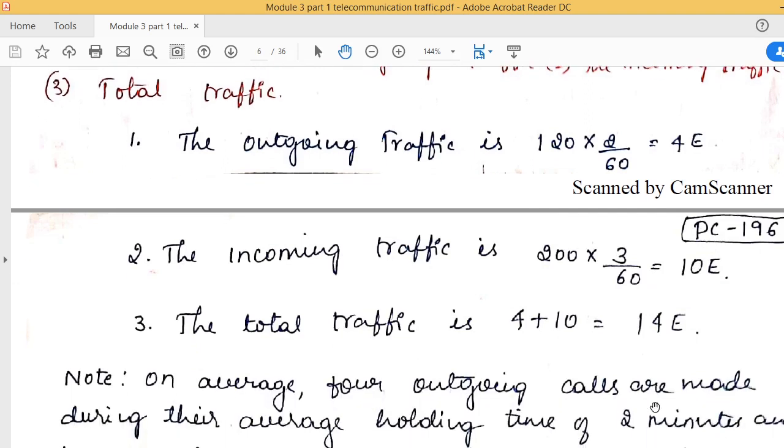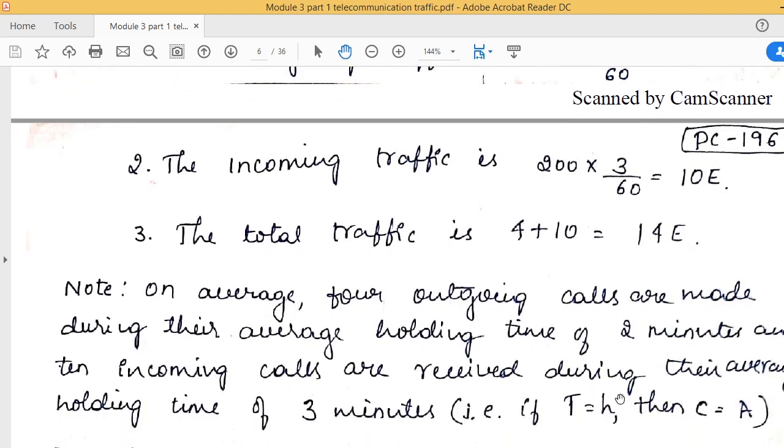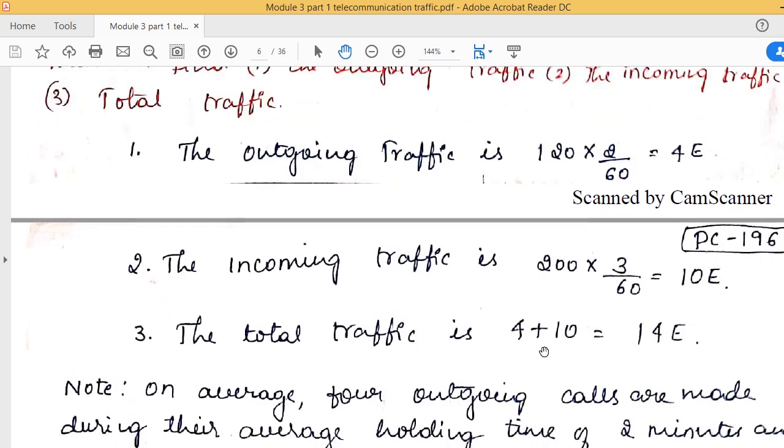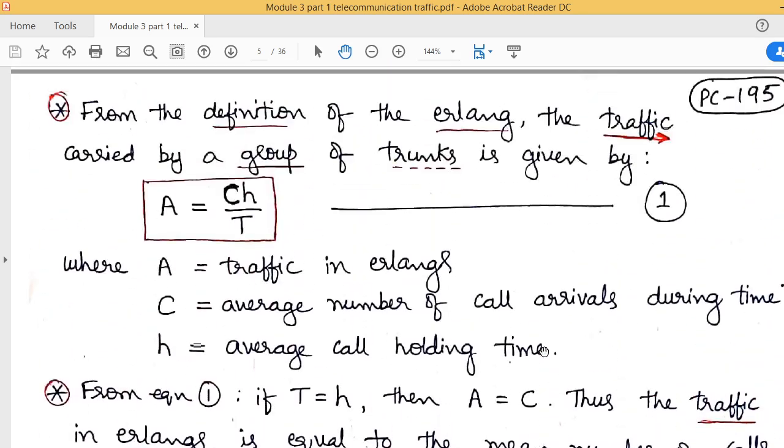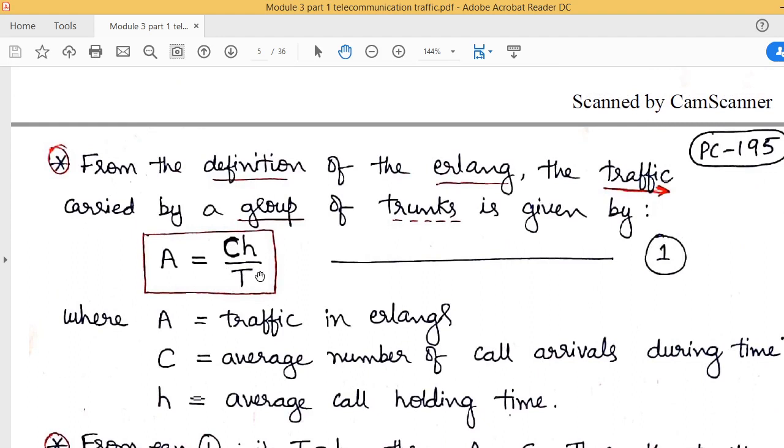And please note that on average 4 outgoing calls are made during this average holding time of 2 minutes. It means that if I consider a duration of 2 minutes, if I make this T as 2 minutes, H is also 2 minutes for outgoing calls. If T is also considered as 2 minutes, then the traffic observed will be equal to the number of calls arriving.